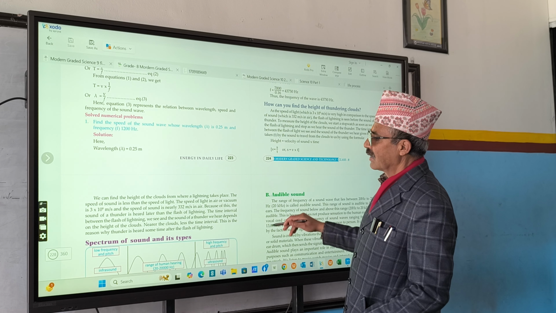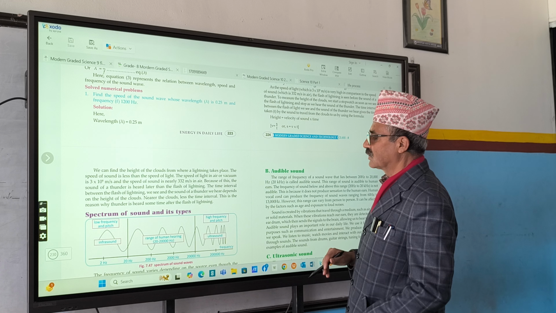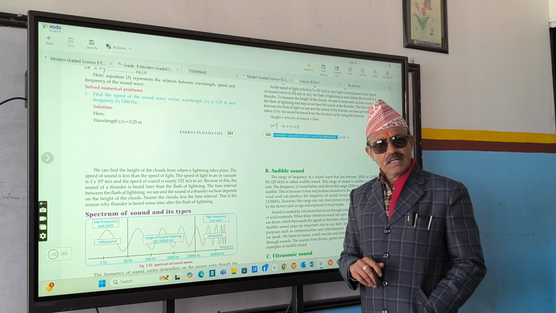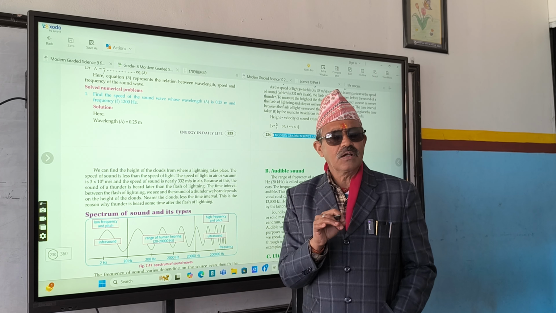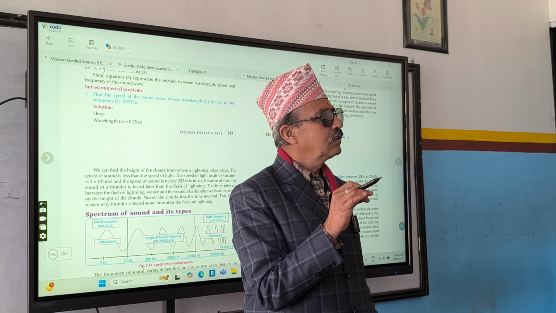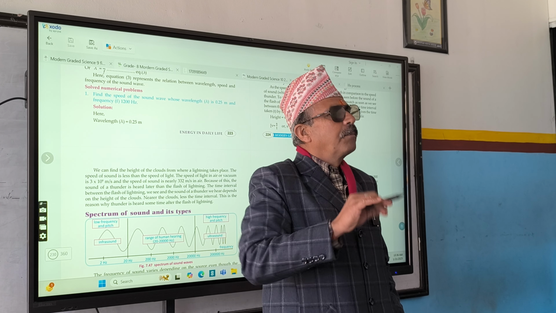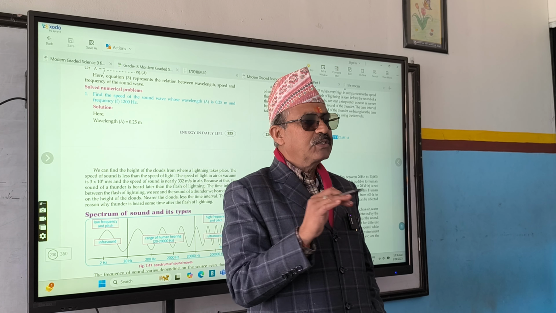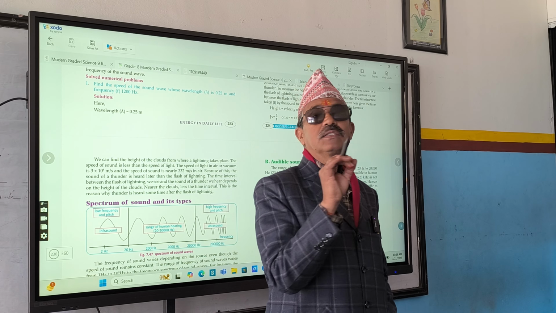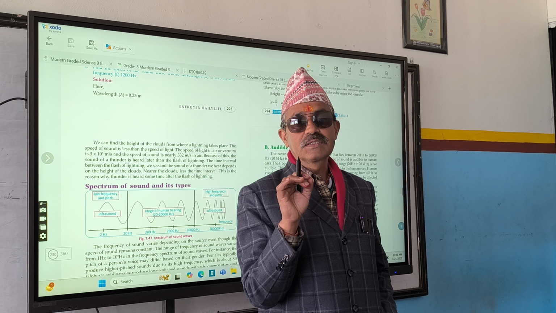Next one is the spectrum of sound and its types. Sound means the source of energy, which is produced by vibration of a body. Vibration means what is there? Frequency.